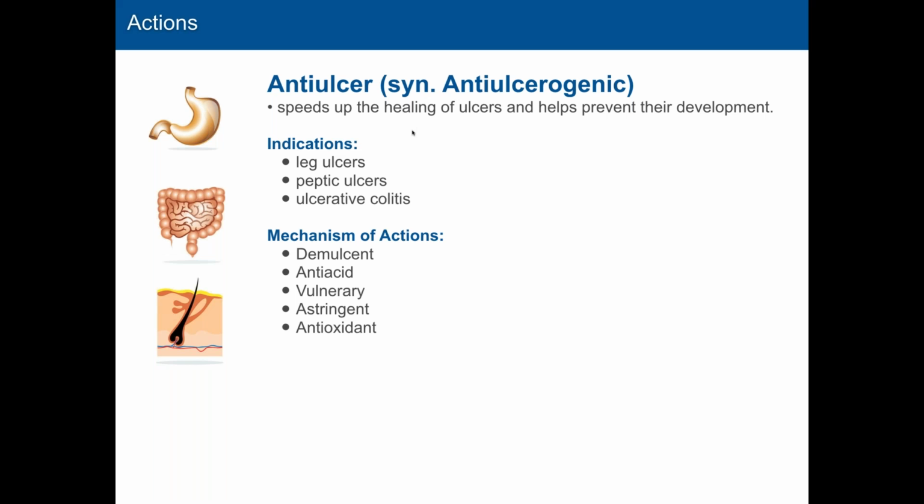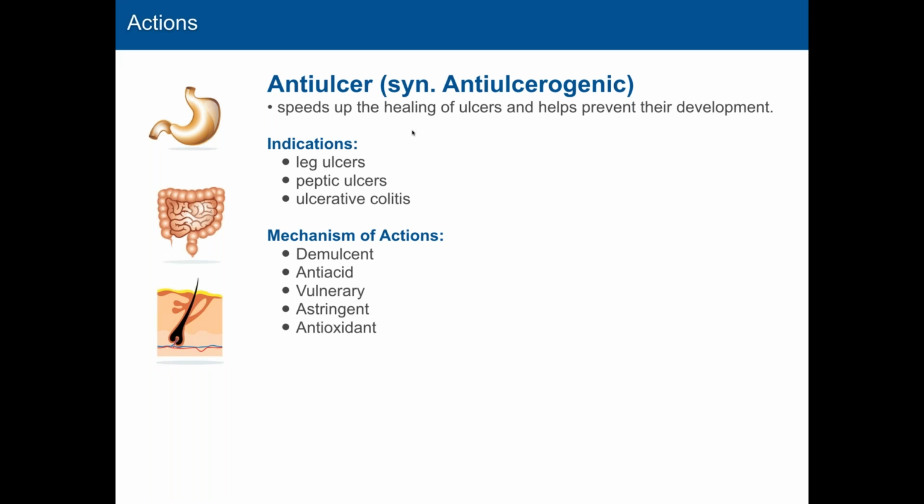So in the stomach, you might get a gastric or peptic ulcer. You can get them in your upper intestinal tract, so you could have a duodenal ulcer. And in some cases, you might get ulcerative colitis, where there are ulcers in the colon. And there are lots of different herbal actions that can have an anti-ulcer effect.